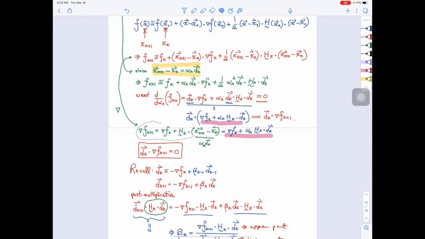How simple is this? Okay, so how did we get this? There's a lot of plug-in and some assumptions.